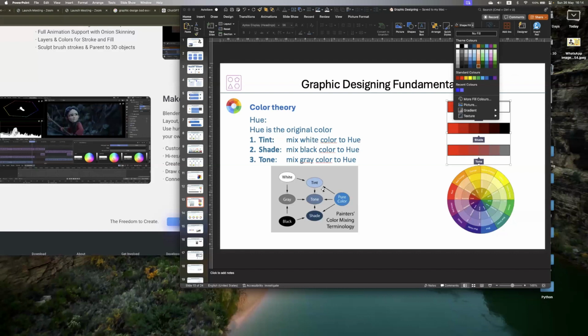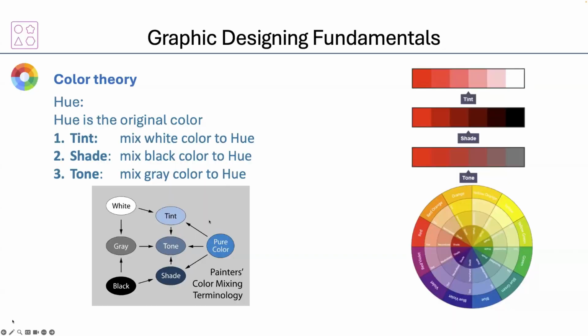So here in this image, for example, with blue color, when you add white color, you see the tint is bluish. And when you add some gray color to the blue, you see a different tone of this color.